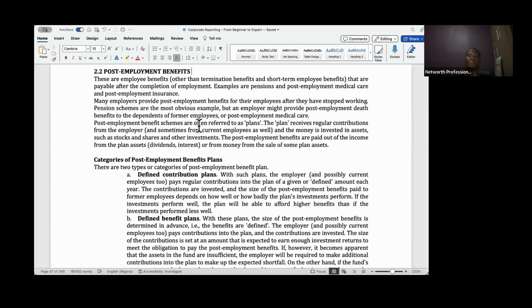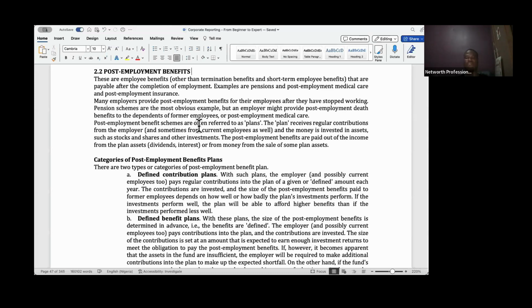However, if they have not paid it, we will still go ahead and debit staff costs. Some people specifically debit pension costs, it's just a nomenclature, but ultimately it's just staff cost. Then if you have not paid it, you'll be crediting an accrual or a liability. However, if it's possible that some people can overpay, then that becomes a prepayment.